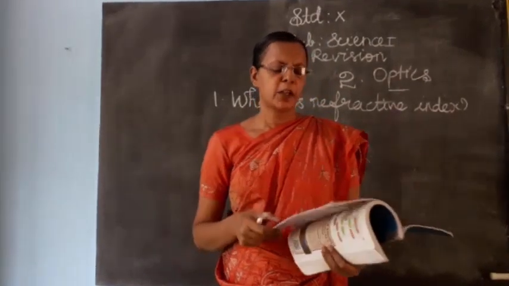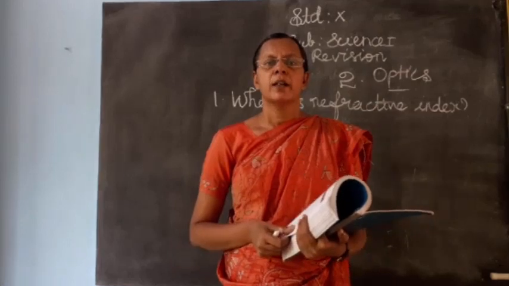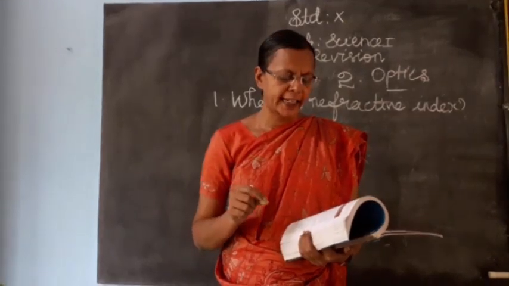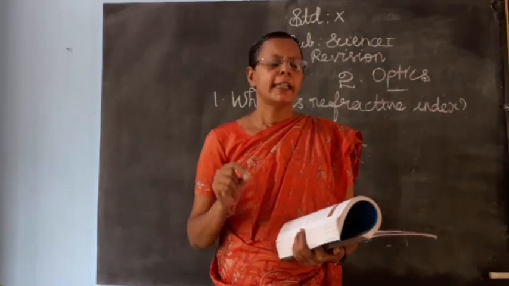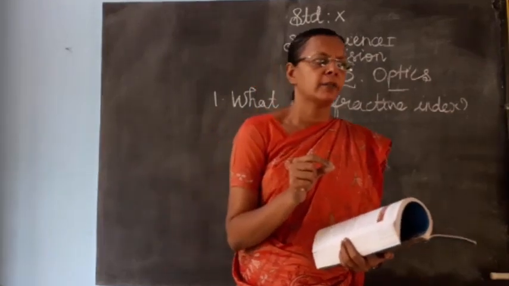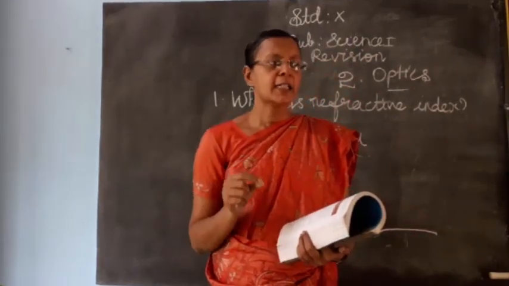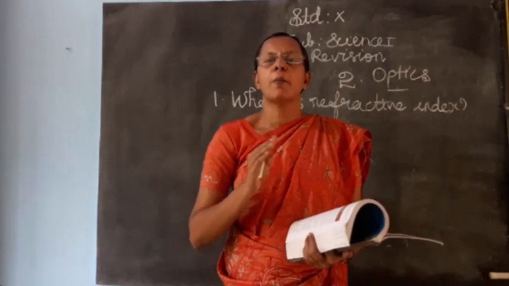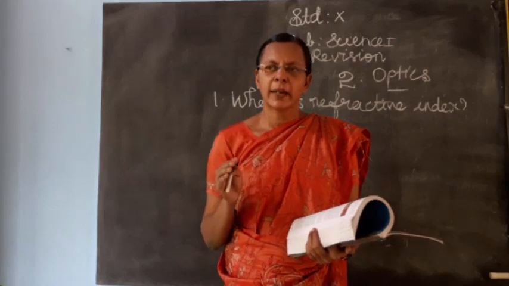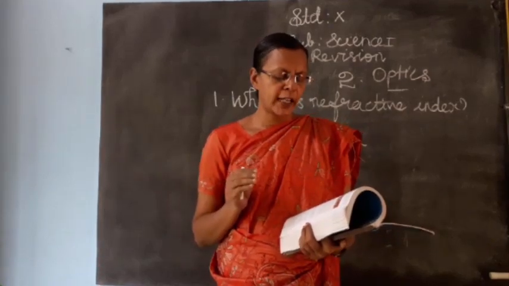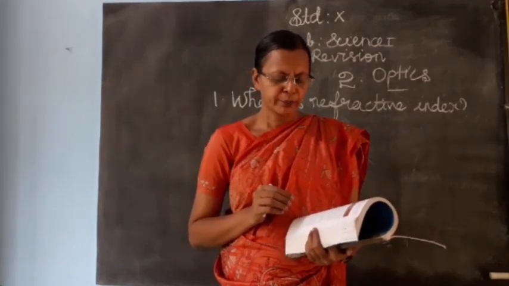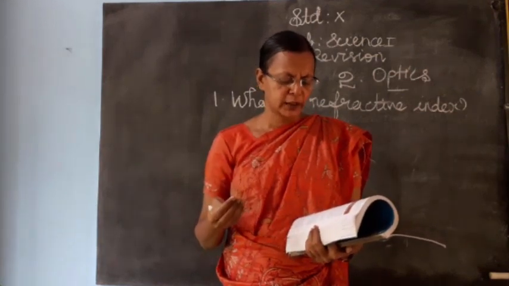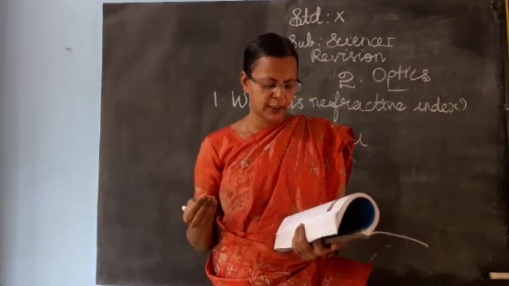When a beam of white light or composite light is refracted through any transparent medium, such as glass or water, it splits into its component colors. This phenomenon is known as dispersion of light. In this case we get the spectrum, different colors.